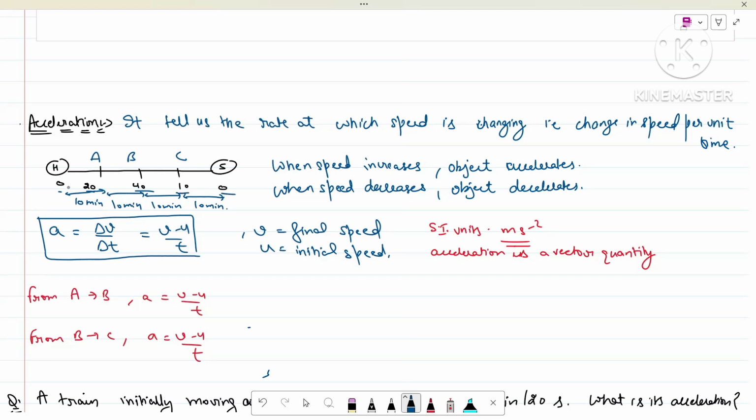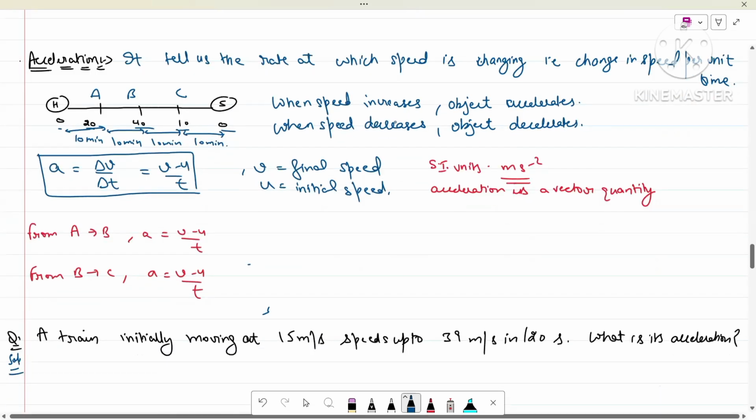So you can see from here, in the first 10 minutes, speed is increasing. In the second portion from A to B, again, speed is increasing. In the third portion, it is decreasing. So with time, speed is increasing or decreasing. The rate at which speed is changing is known as acceleration. So acceleration is change in speed per unit time.